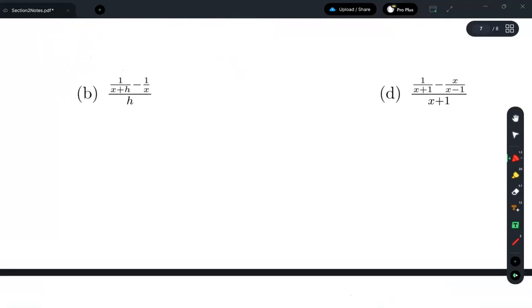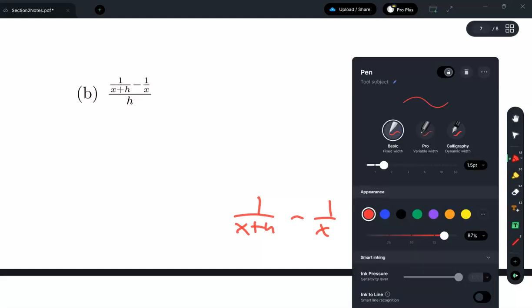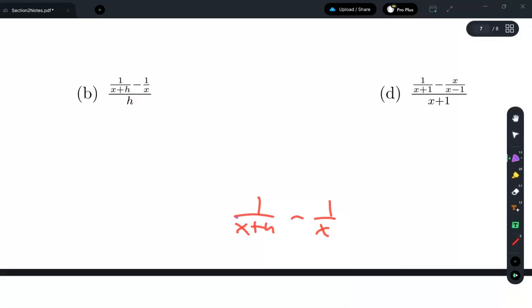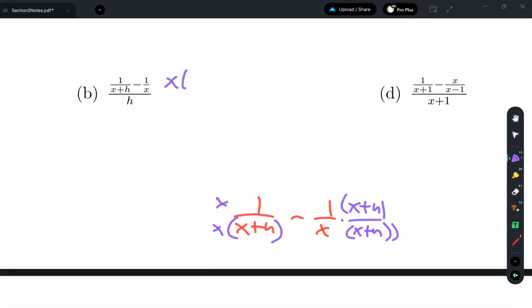So looking at this, the least common denominator, let's remind ourselves: if I wanted to add or subtract these two together, you would say, multiply this one top and bottom by x, and this one top and bottom by x plus h. So x times x plus h is the least common denominator.